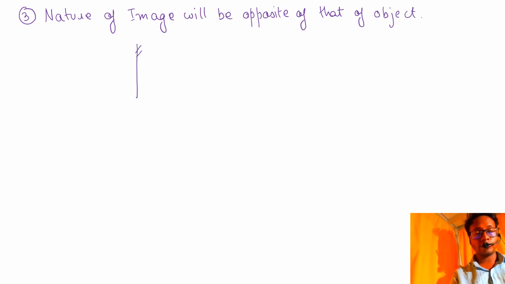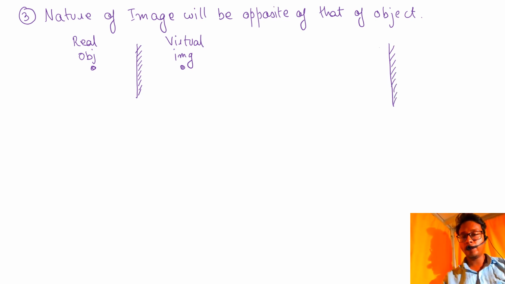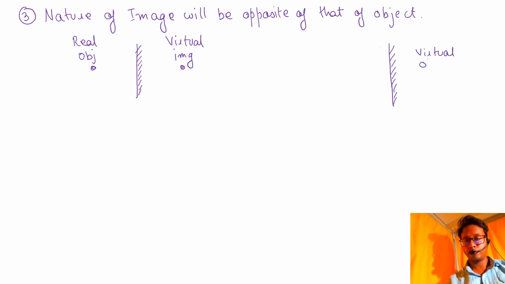In case of spherical mirrors, concave and convex mirrors, this changes a little bit. Out here, if my object was real, in case of plane mirror, my image would be virtual. Real object, virtual image. And out here, if my object was virtual, my image would be real.